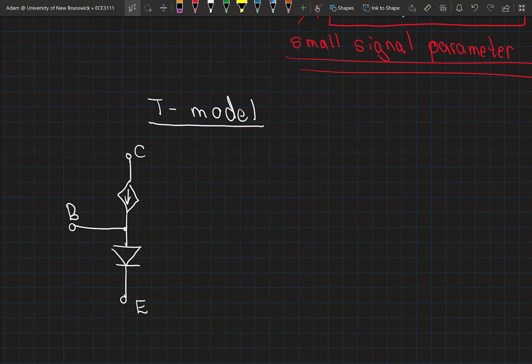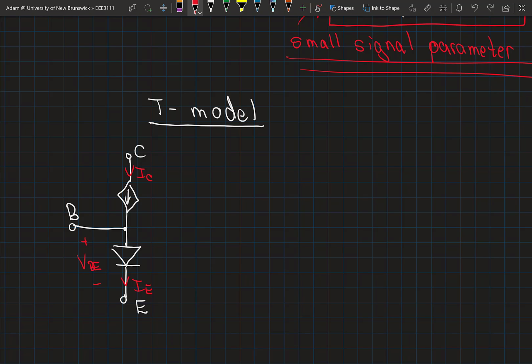Based on the applied VBE here, we would get a certain amount of collector current, and as well emitter current.